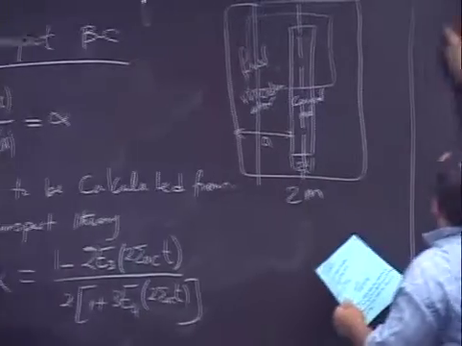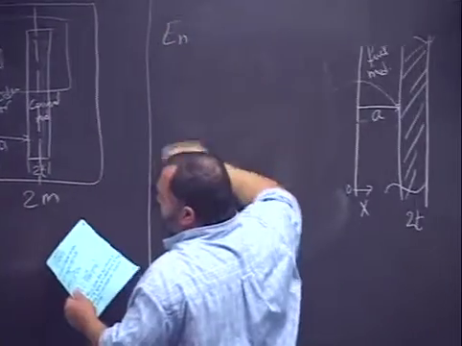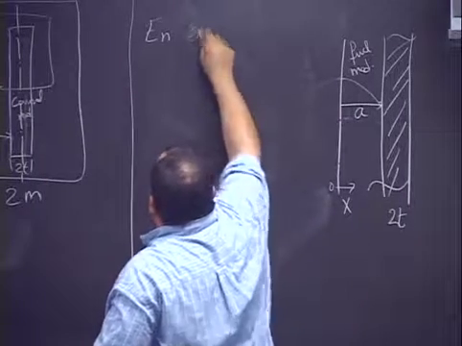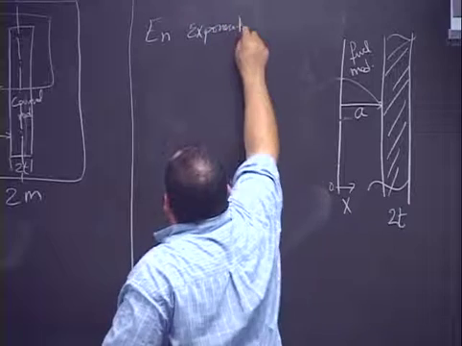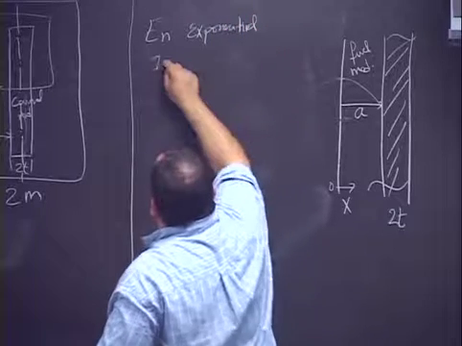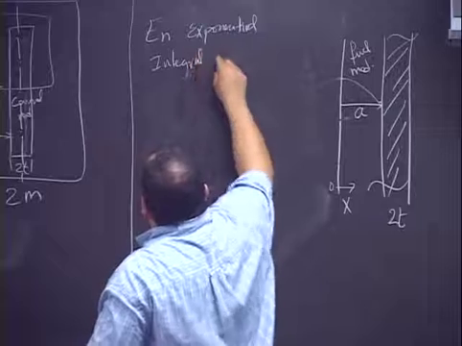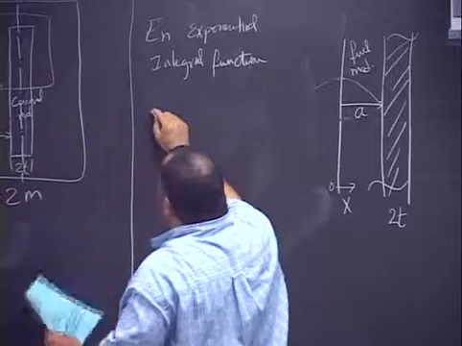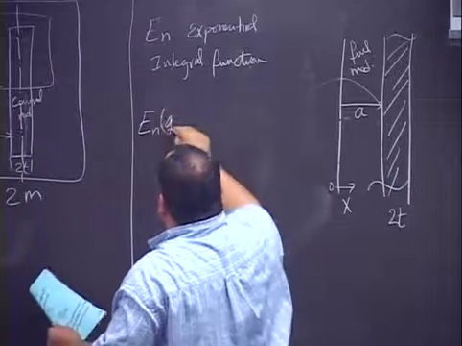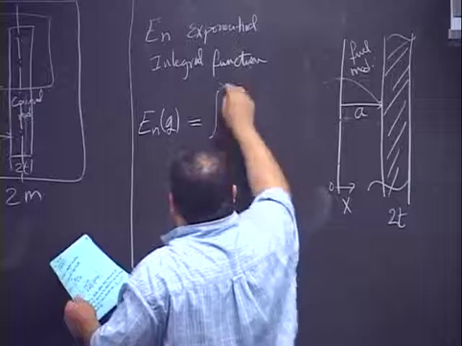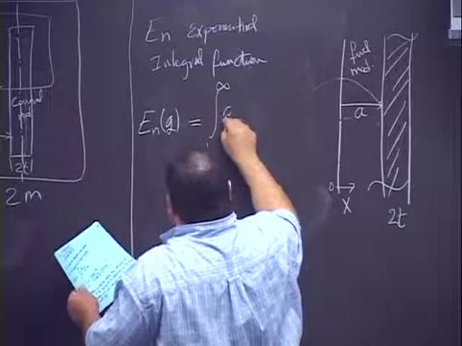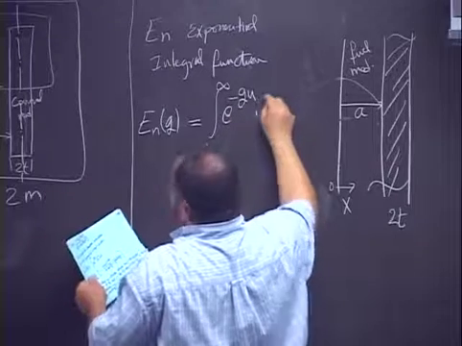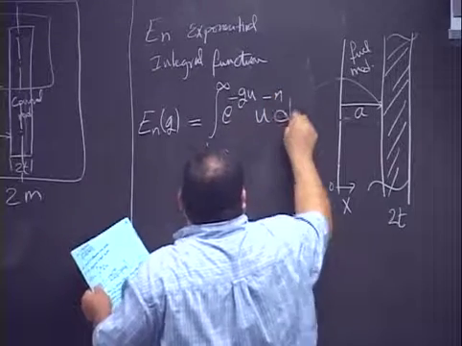The En is the exponential integral function, and it is defined as En of g equal to the integral from 1 to infinity of e to the power of minus g u, multiplied by u to the power of minus n, du.